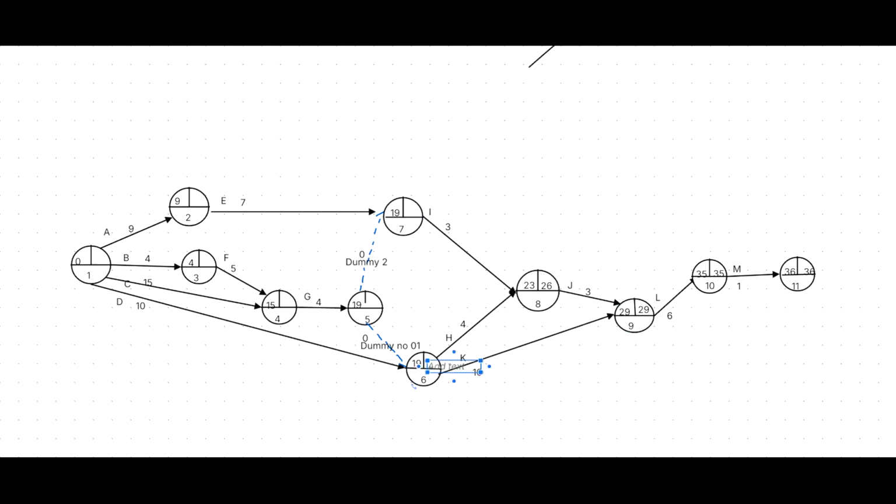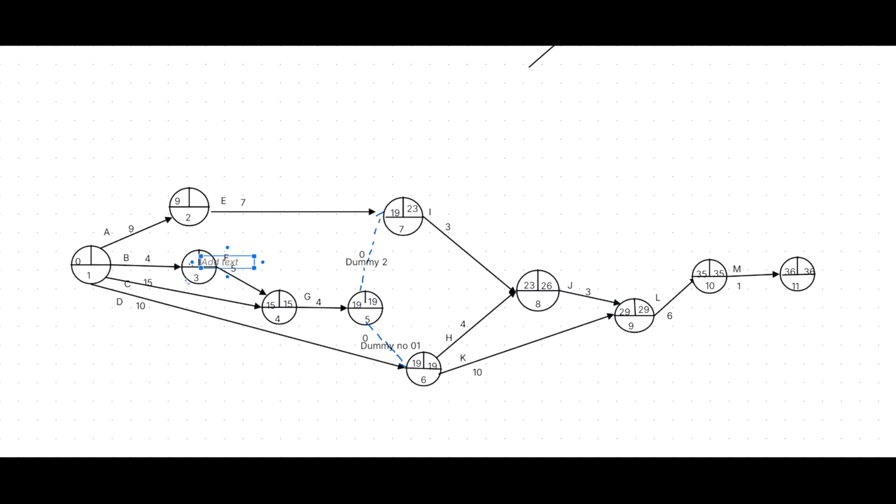We select the least value when calculating the latest completion time. 19 minus 0, dummy 0, should be 19. 26 minus 3 for the 7th event, 23 minus 0, then the least value is 19 via the dummy number 1. 19 minus 4, event number 4 should be 15. 15 minus 5, event number 3 should be 10.